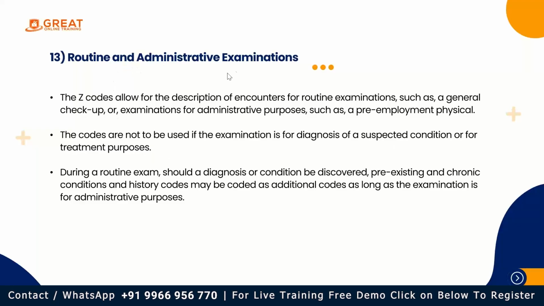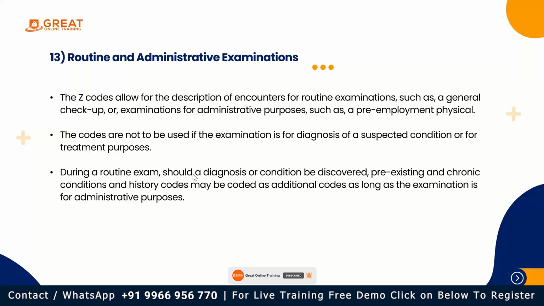So we use these codes only for general checkup or examination for administrative purposes. We should not use these codes if the examination is for diagnosis of a suspected condition or for treatment purposes. For that we have separate codes.